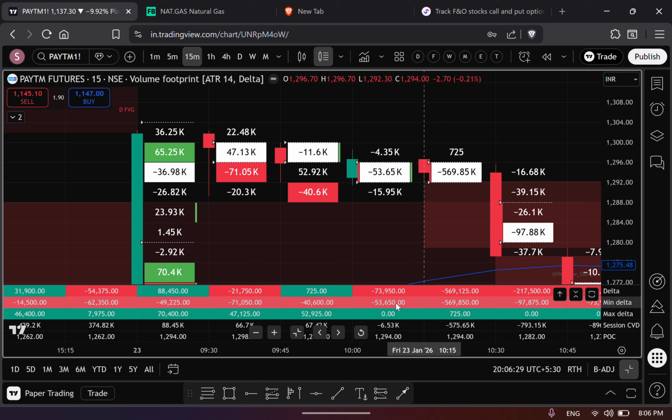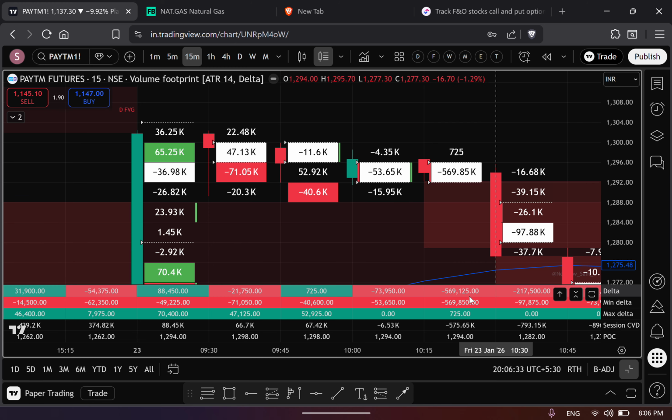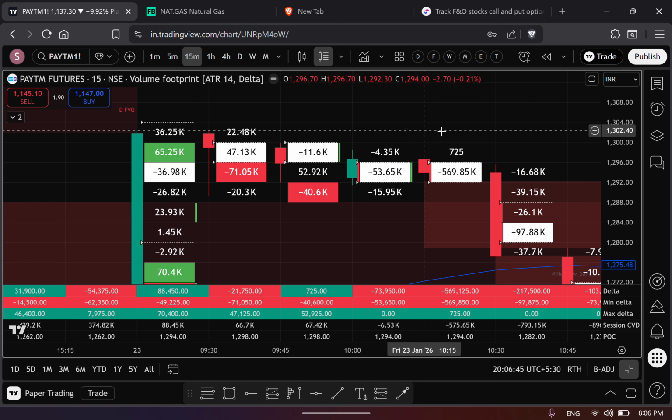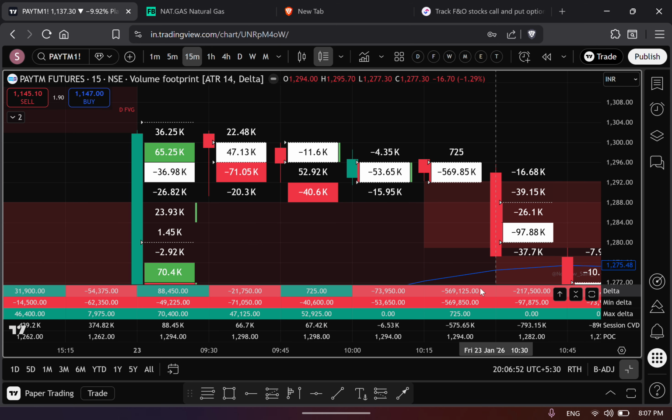I will wait for another candle confirmation. When I see this particular candle, 569, 569 and 725. So on top of the candle, some 725 contracts were bought. So buyers were not much interested to push the price further, and the candle closed with -569. So total delta is 569,125, and out of that 569,850 is the aggressive sellers.